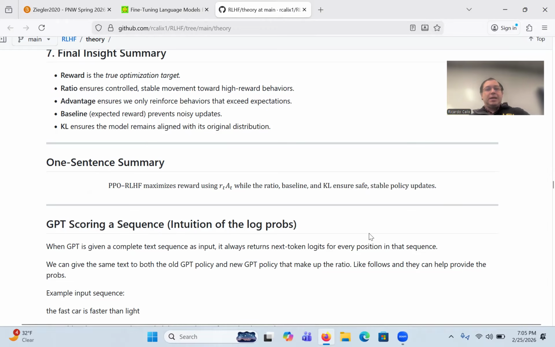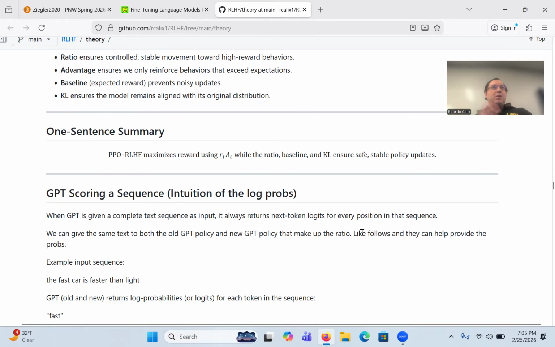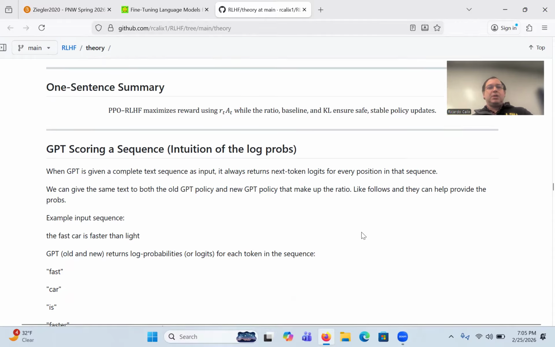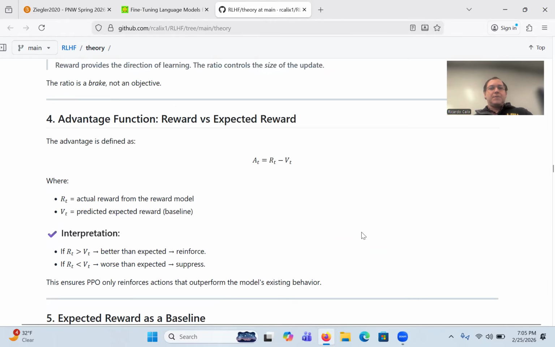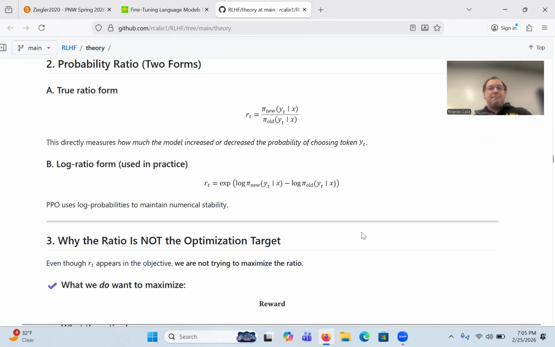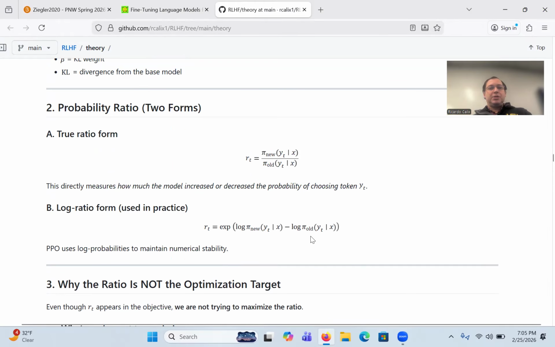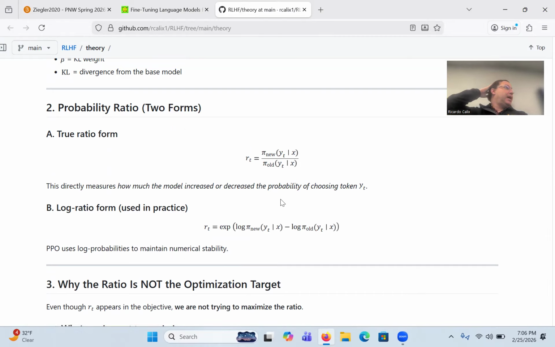All right. Now, I think this is your question. So as I said over here, we have the ratio, right? So the ratio, the KL is very standard. The reward is minus some other reward that's expected. But we're going to focus now on this ratio term to see how this might work. And keep in mind that this applies to just any neural network, anything that is a policy, such as playing a game.